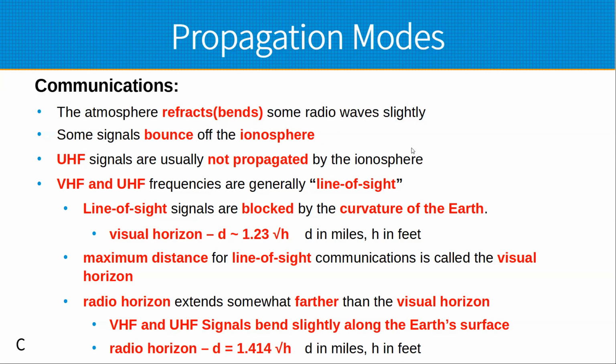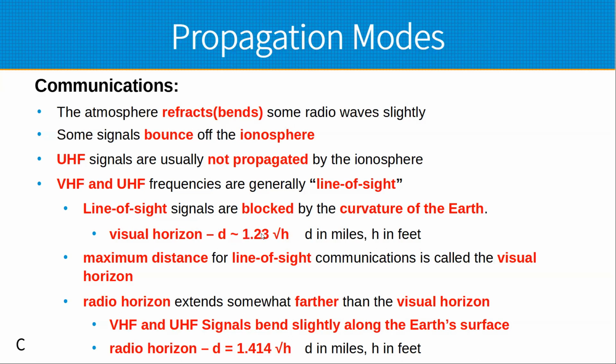Okay, most VHF, UHF is what we call line of sight, which means you have to be within visual range, assuming there were no buildings, trees, whatever, that you could see the other antenna. And there's a formula for calculating that based on the radius of the Earth and how high the antenna is to where the visual horizon is.